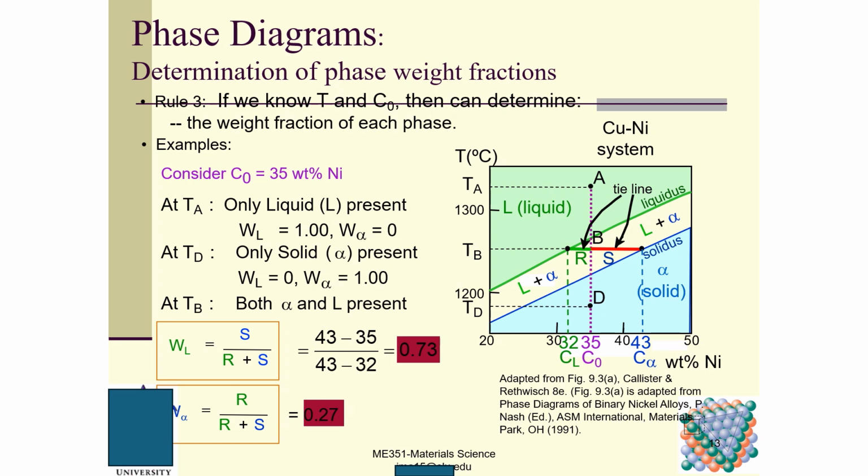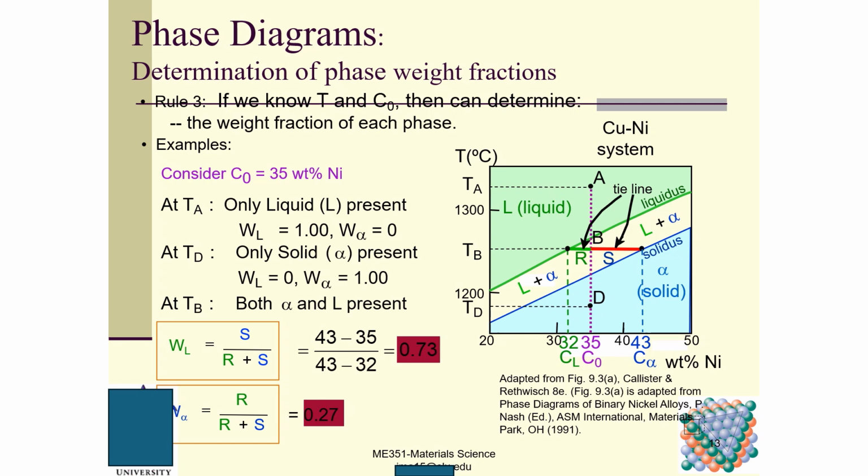This horizontal line intersects the liquidus curve at this point, and intersects the solidus curve at this point. Point B and this point form one arm, and point B and this point form the second arm. We have two arms, arm 1 and arm 2.